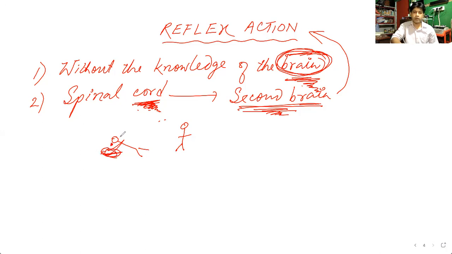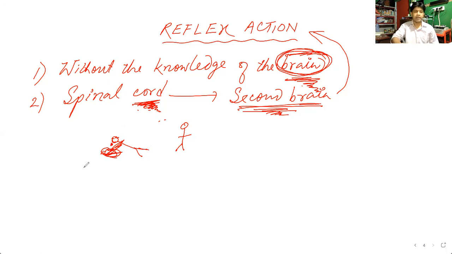Your brain did not know that you will fall down and your face may get hurt. It happens suddenly. But then also, without your knowledge, you also did not think that you will put your hands forward, but automatically your hands are going. Okay, so how is it possible?